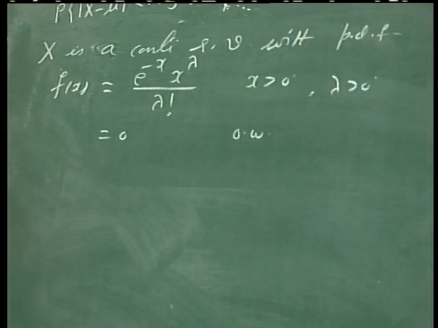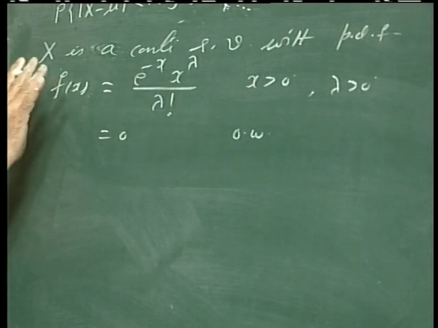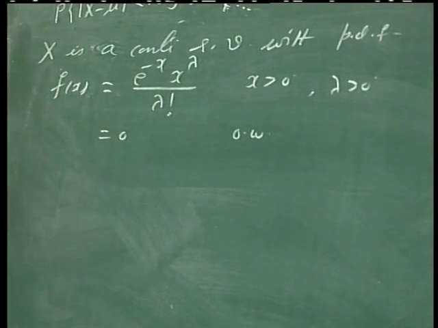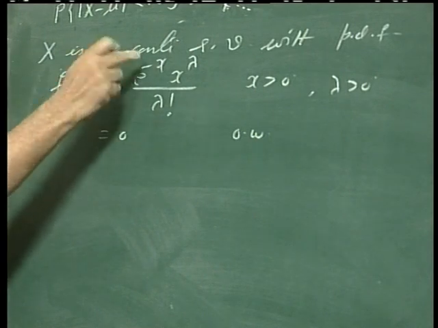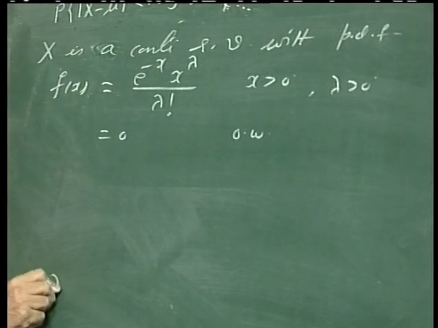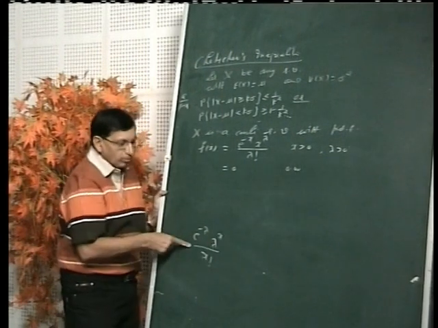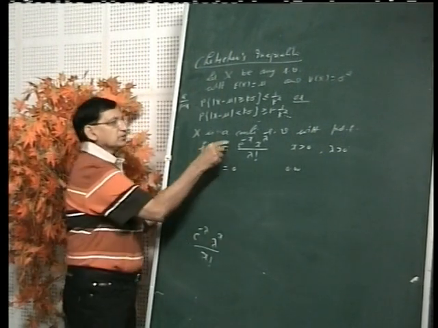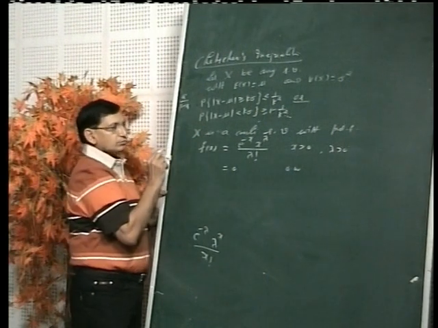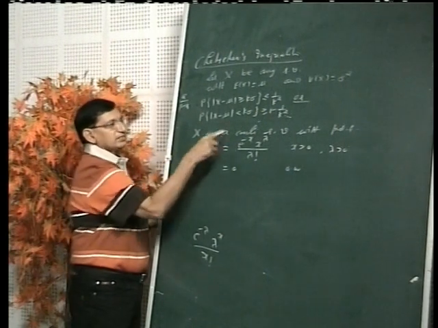Now actually it seems like the probability function of Poisson distribution. Actually if you interchange x and lambda, then it is e raised to minus lambda, lambda raised to x upon x factorial. So actually this is the form of Poisson distribution, whereas this is the form of gamma distribution, because here x is a continuous variable.